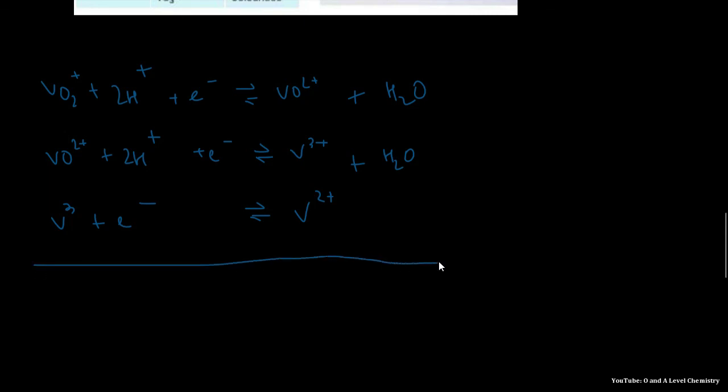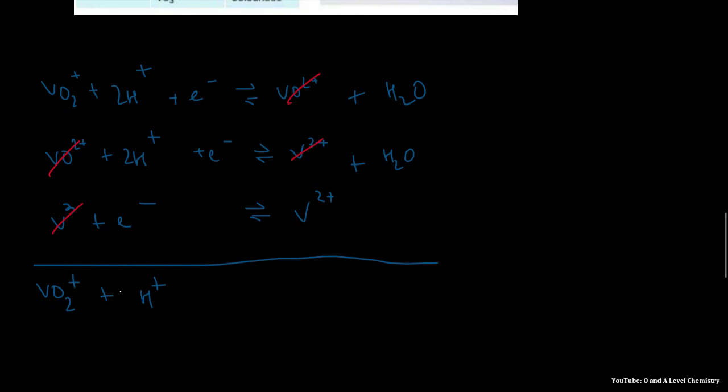So we just need to write the overall equation. We cancel stuff wherever possible. V3+ is going to cancel out because they're on opposite sides. VO2+ and this VO2+ are going to cancel out. They're on opposite sides. Then we simply add everything up. So this is VO2+ 2H+, and we add the 2 H's, so this is going to be 4H+.